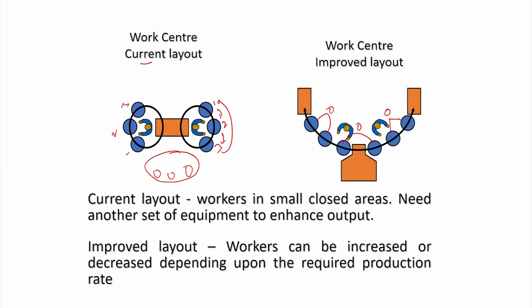Whereas, in the improved layout, workers can be increased or decreased depending upon the required production rate. As I have said, I can add a person or reduce the manpower if I have to increase or decrease the production rate.